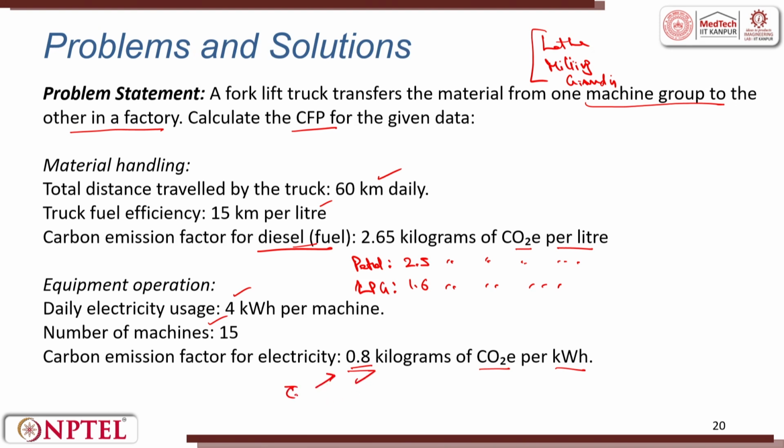If it is a natural gas based plant, this factor would be around 0.4 kilograms of carbon dioxide per kilowatt hour. For renewable sources of energy, this factor is very low, of the order of 0.05. Now, I need to calculate material handling and equipment operation carbon footprint separately.